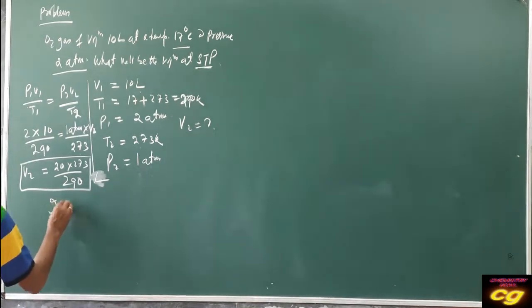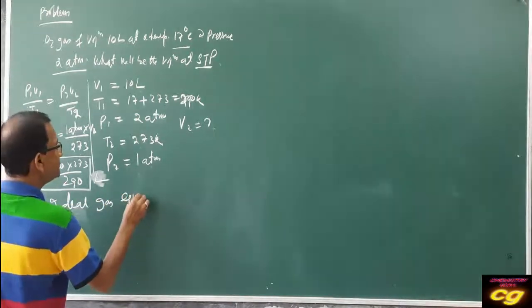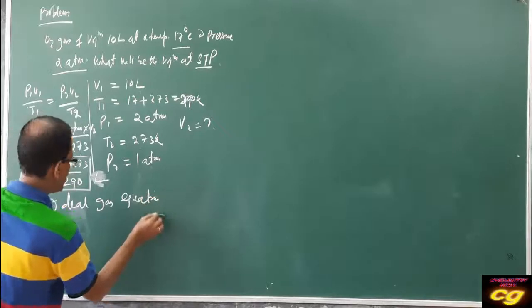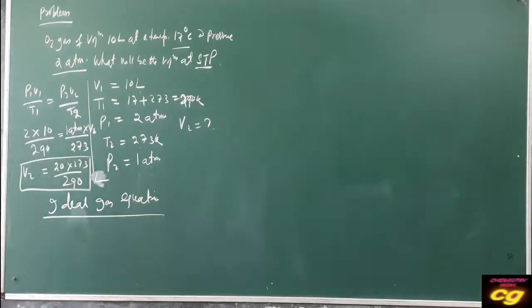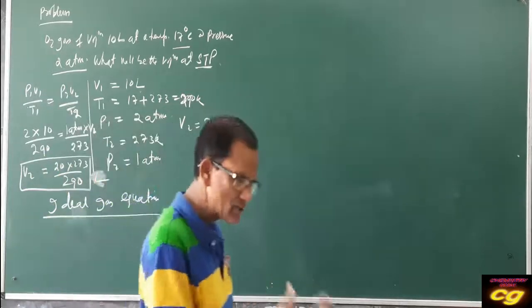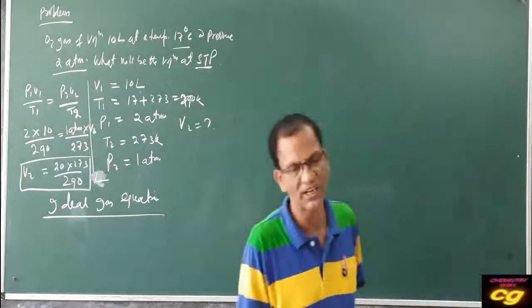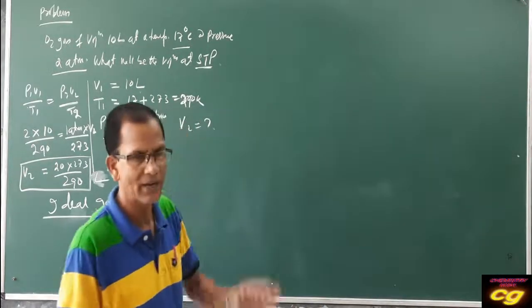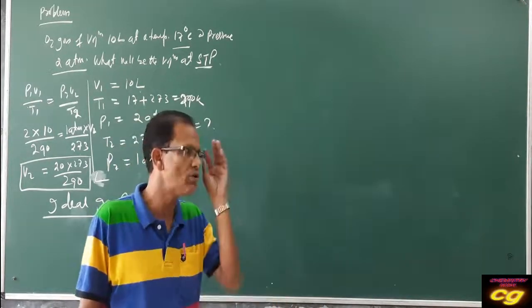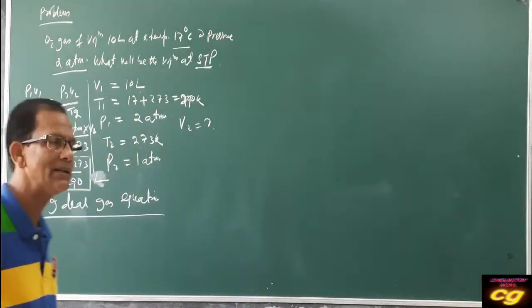What is the ideal gas equation? This is very important. Generally we know that a gas which obeys all the gas laws, Boyle's law, Charles's law, Avogadro's law, is called an ideal gas. If the gas obeys the gas laws at different conditions of temperature and pressure, that is called an ideal gas.